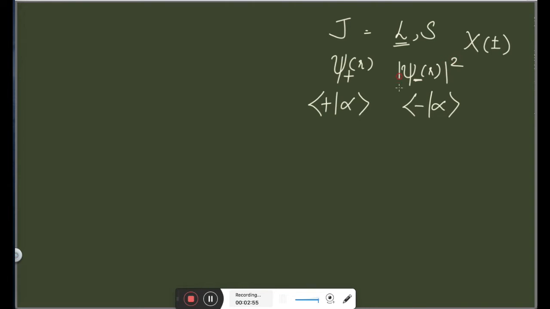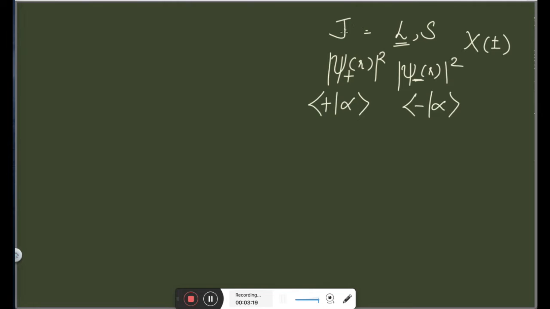You can see that mod psi minus of r squared is the probability density that the state is found at position r with spin minus, and mod psi plus of r squared gives you the probability that the system is found at position r with up spin state.